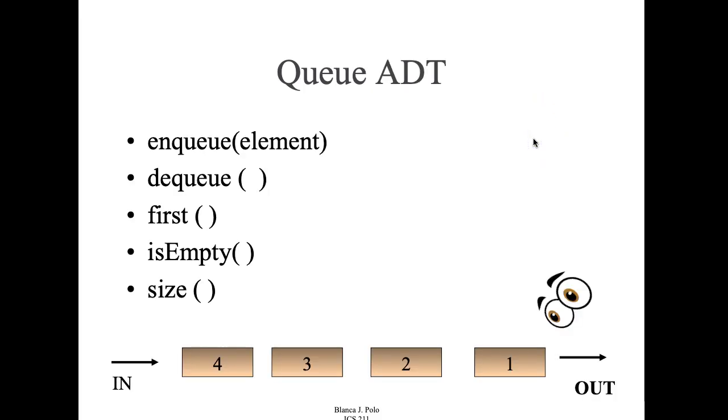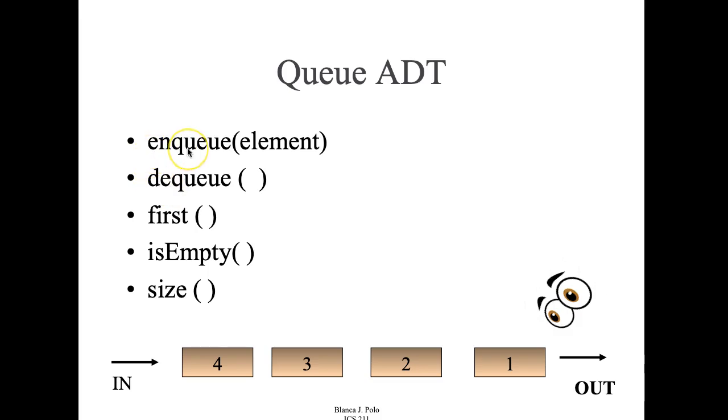So if we think of the abstract data type now, while in the stack, when we add an element, we say that we push it in, with the queue, we have the enqueue. So we enqueue an element, meaning that we put it, we place it into the queue. When we get it out, the name for that is that we dequeue an element.